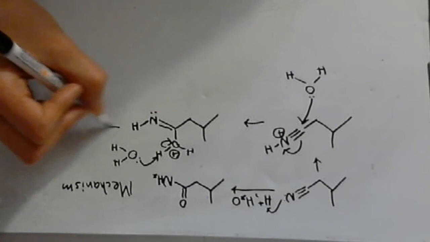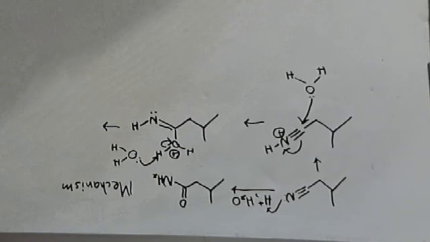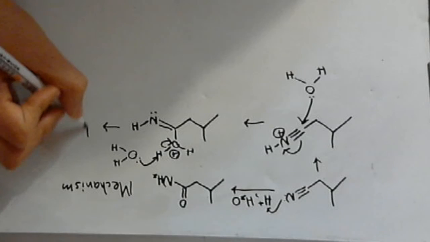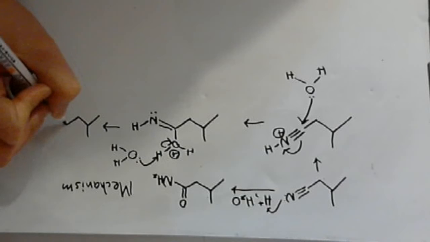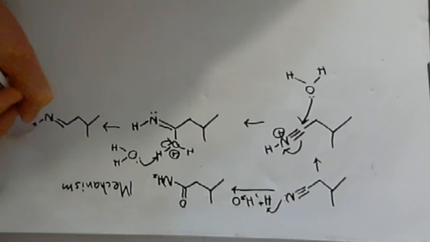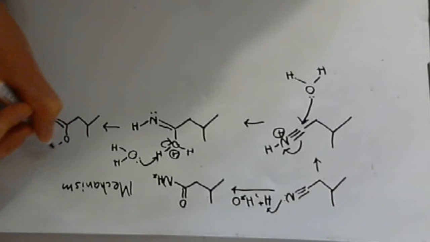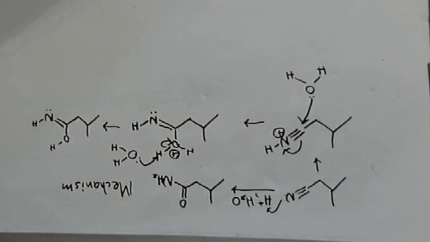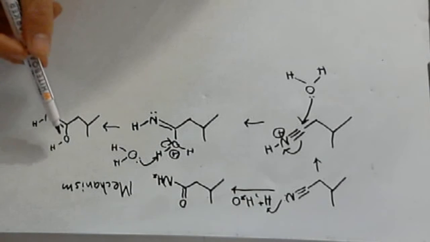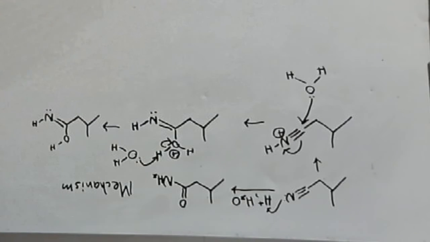And so what's the next compound? The next compound is just going to be the deprotonated version of our previous compound. And so now we have this compound, and how are we supposed to think about what's going to happen with it?